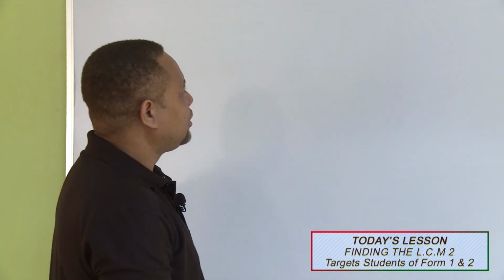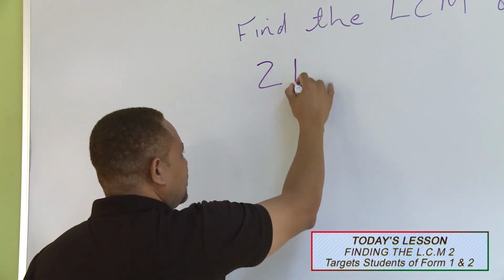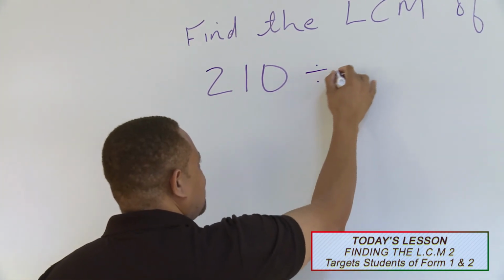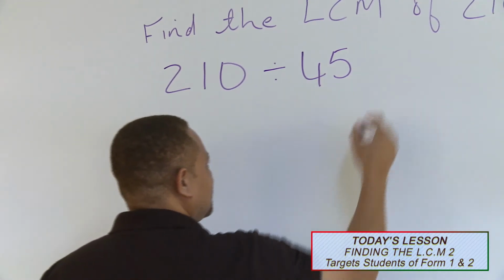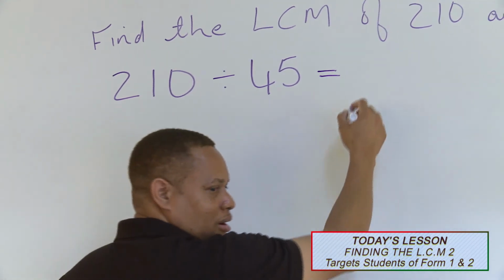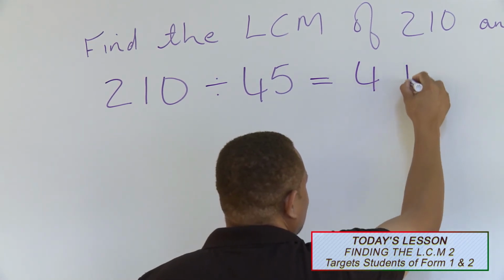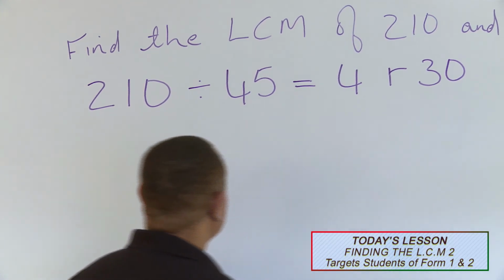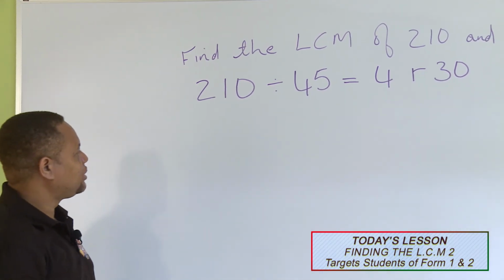So we're going to write it with 210 as the dividend, divided by 45 as my divisor, and that would give me a quotient of 4, remainder 30, because 45 into 210 will give you 4, with a remainder of 30.